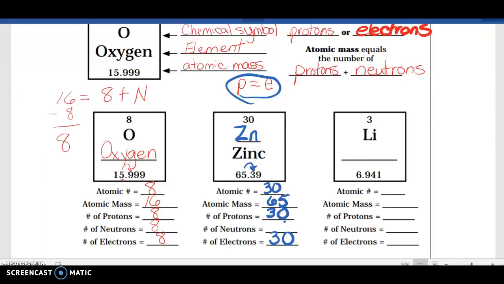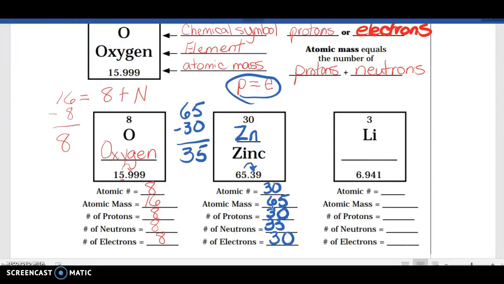And then for neutrons, if we take 65 and we subtract the number of protons, 30, then that would be the number of neutrons.